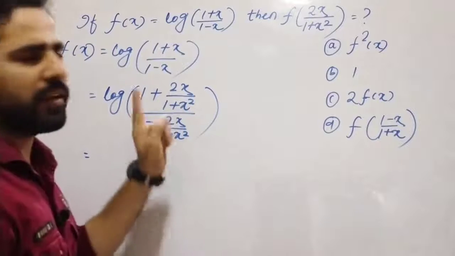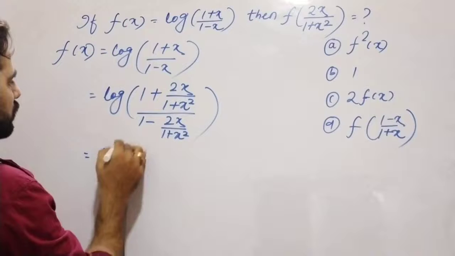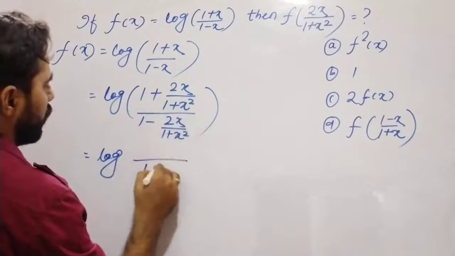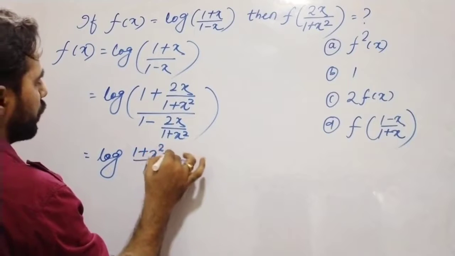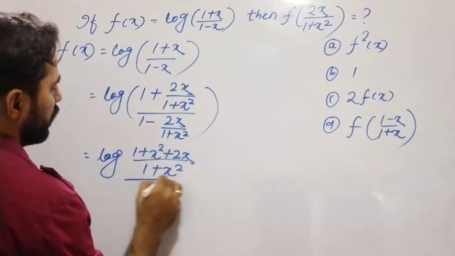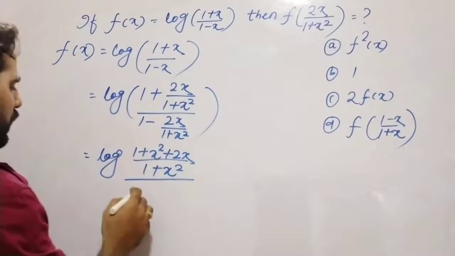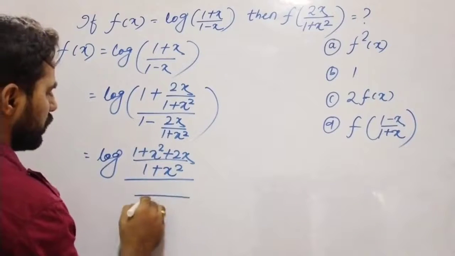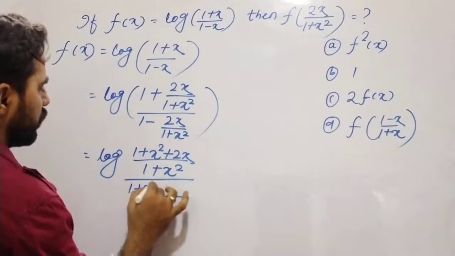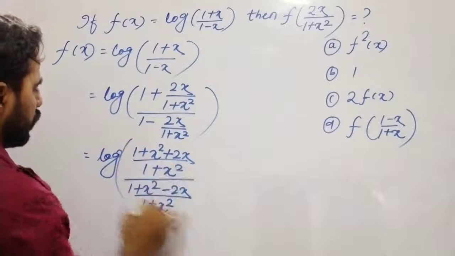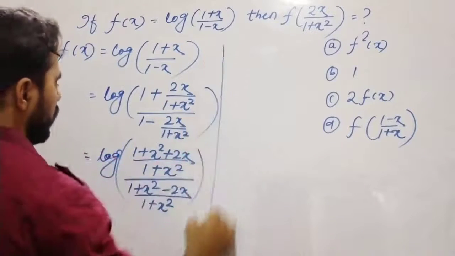By taking 1 plus x square in the denominator, the LCM is 1 plus x square, so the numerator is 1 plus x square plus 2x, and the denominator is 1 plus x square minus 2x.